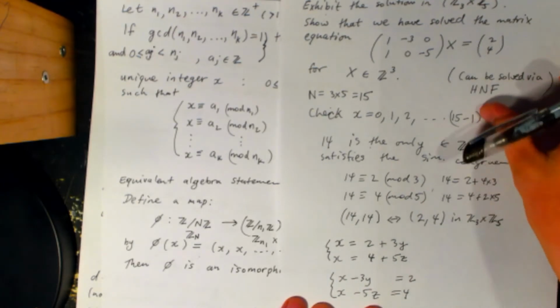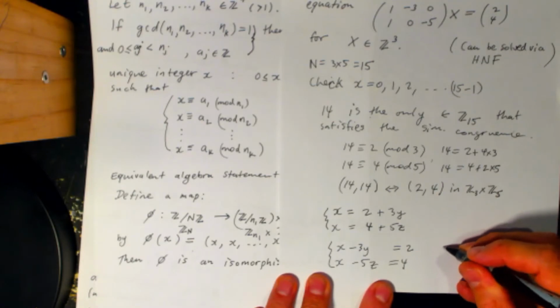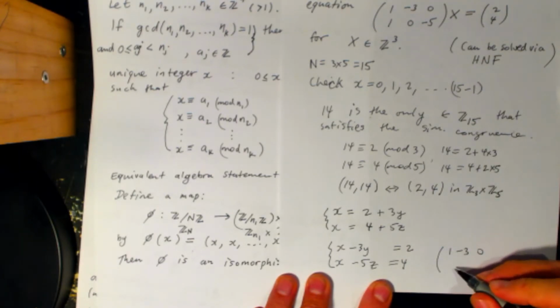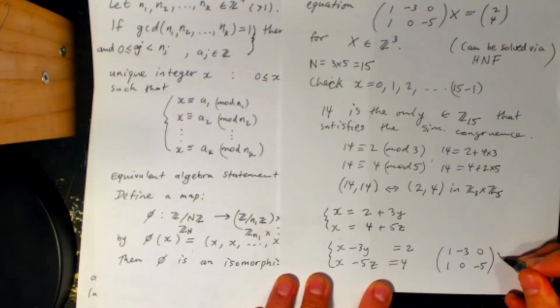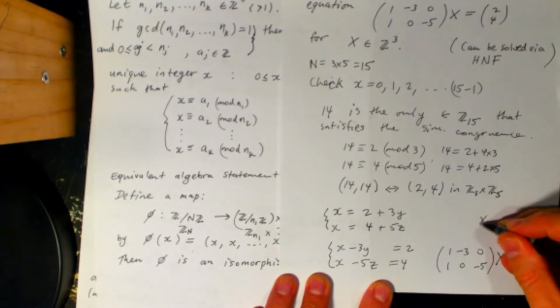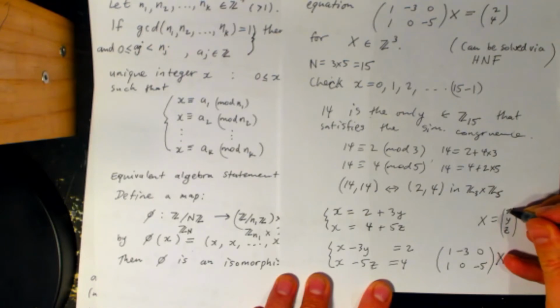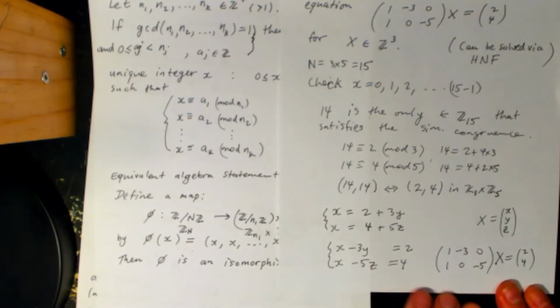Okay, and this system can be written as a matrix equation. 1, minus 3, 0; 1, 0, minus 5, and then times x, where x here is x, y, z, the column matrix. And so this is equal to 2, 4. Okay, so we have a corresponding matrix equation here.